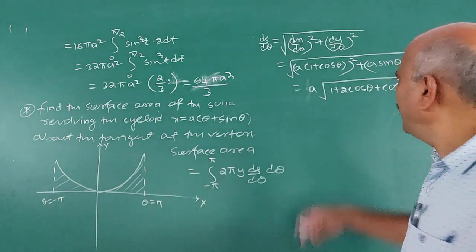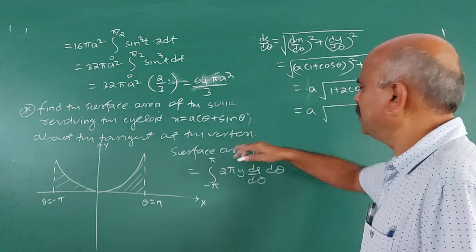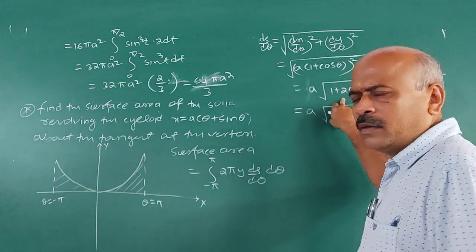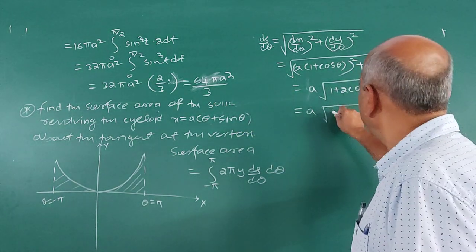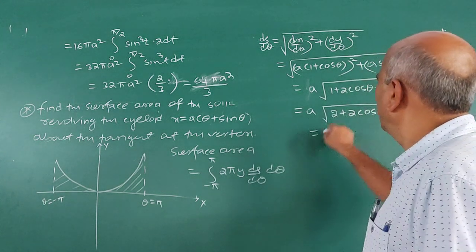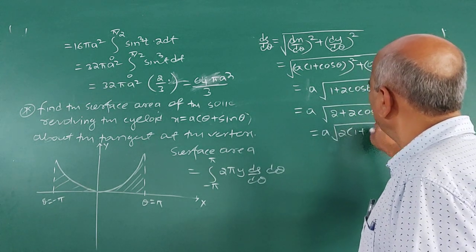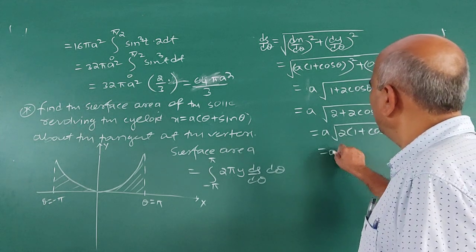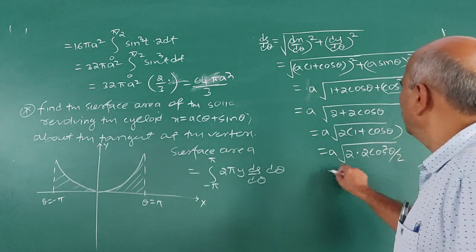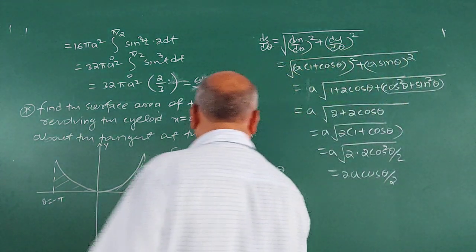Dx by d theta and dy by d theta are substituted, and the simplification is the same type as in the previous problem. 2 plus 2 cos theta, because this is 1 plus 1, 2. A into square root of 2 into 1 plus cos theta. 2 into 1 plus cos theta is 4 cos square theta by 2, so 2a cos theta by 2. This is ds by d theta.